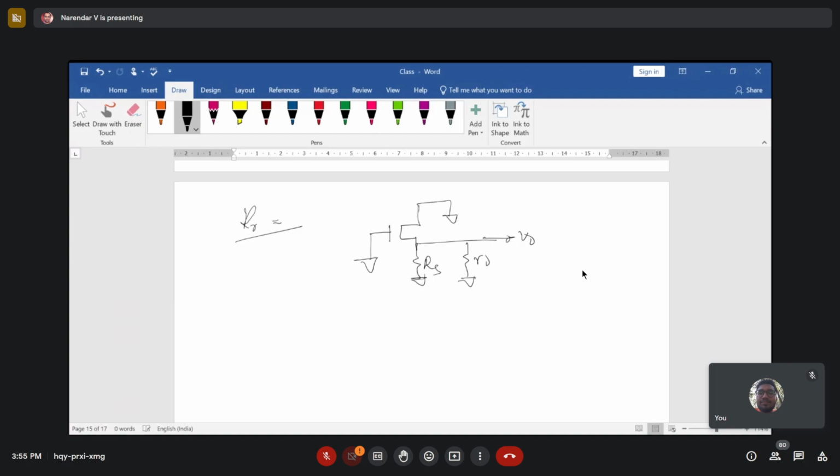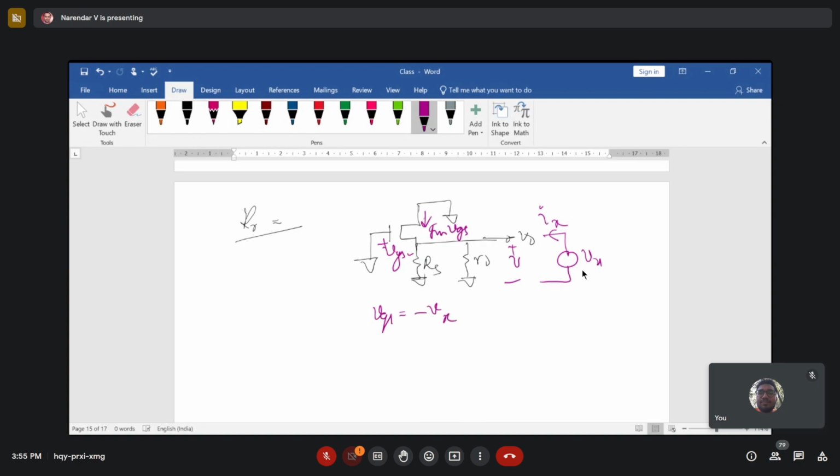Now this is the current, Gm times VGS, positive, negative, this is VGS, and this is your V output. And here we apply a Vx voltage, and then correspondingly we try to get the Ix value.